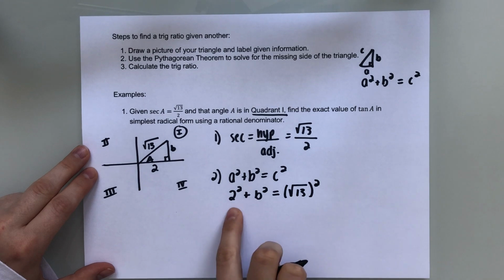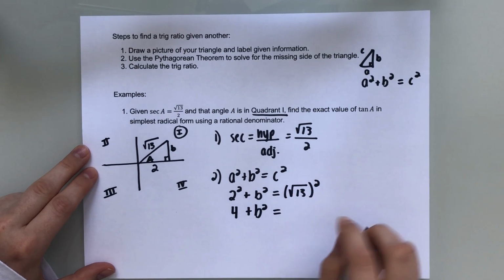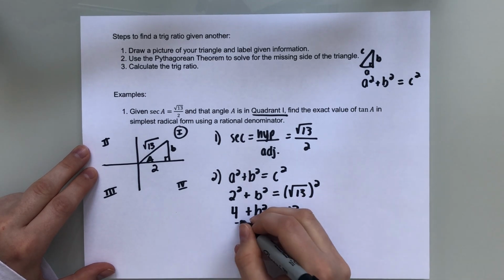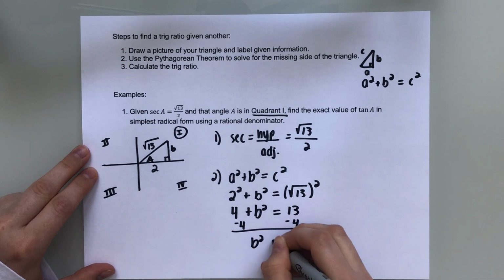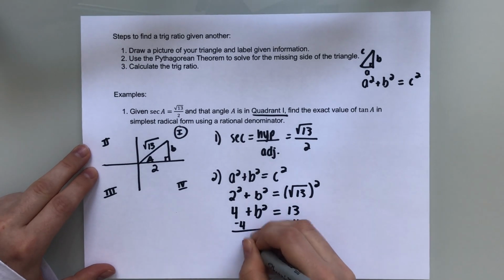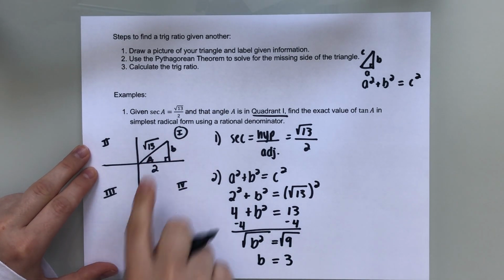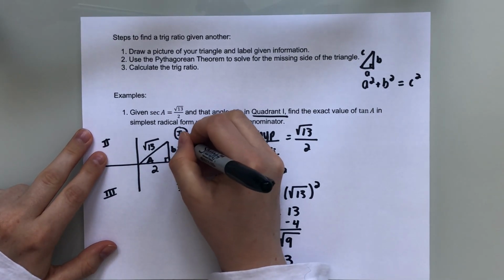So we start simplifying. 2 squared is 4 plus b squared equals square root of 13 squared is just 13. Subtract 4 from each side. We get b squared equals 9. Take the square root of each side and we get b equals 3. In the first quadrant, all the sides of your triangle are going to be positive values, so that's why it's a positive 3 and not a negative 3. So we have b equals 3.